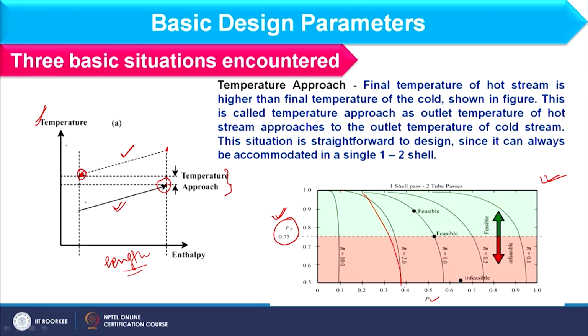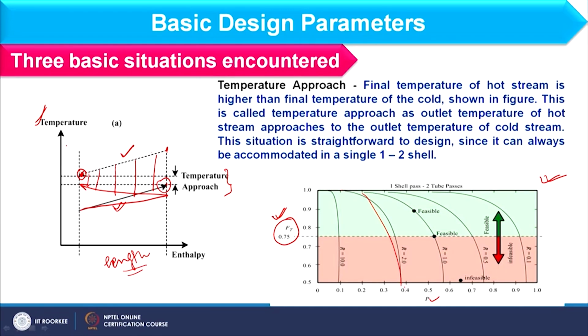So, how will this movement occur along the length? First it will move like this, and then it will move like this, right. So, along the length in a 1-2 shell and tube heat exchanger, the movement is like this. And further, what I can say is that at each point cold fluid temperature is less than the hot fluid temperature.